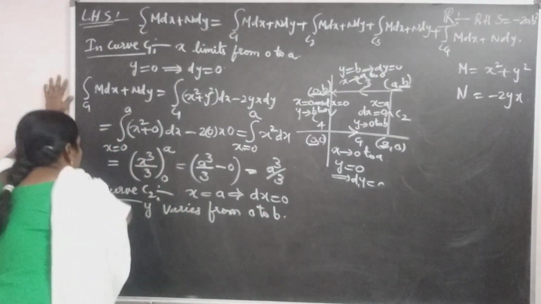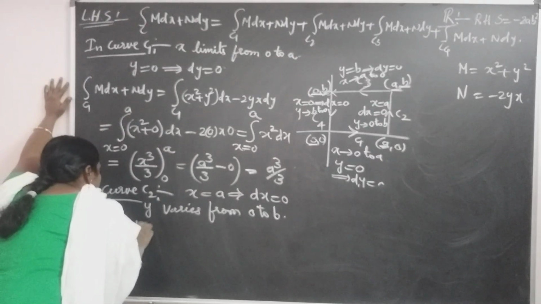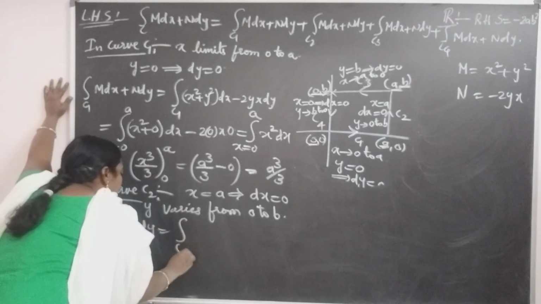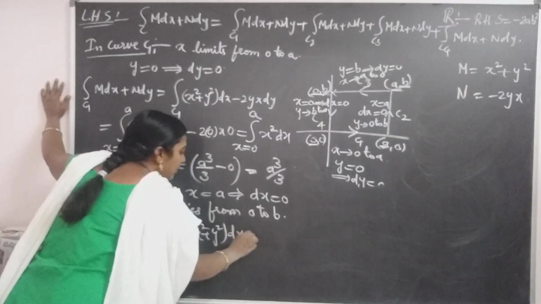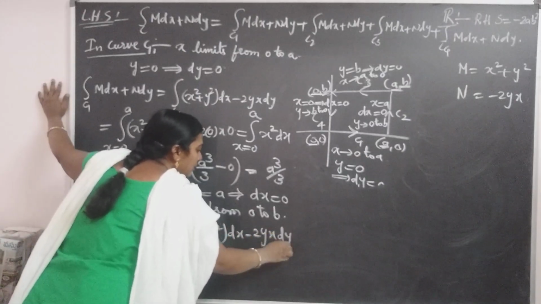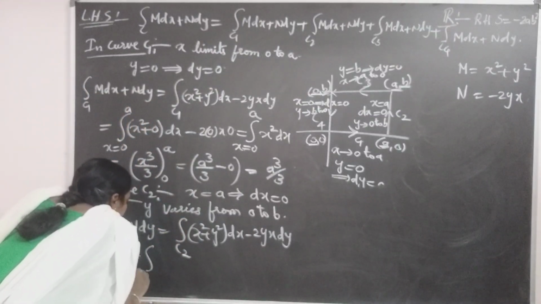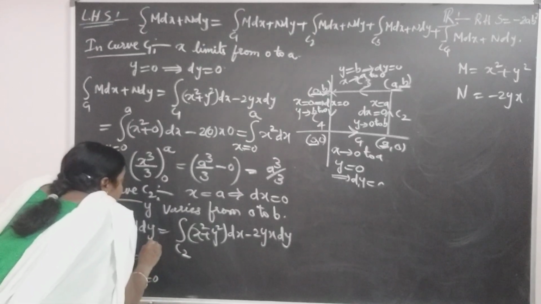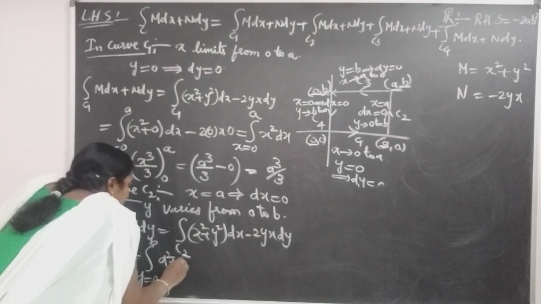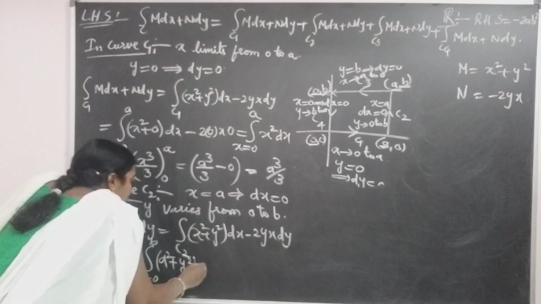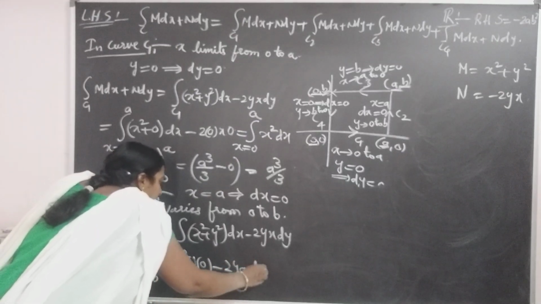Substituting these values in the integral over C2 of m dx plus n dy, it is equal to the integral over C2 of x square plus y square into dx minus 2yx dy. Here x equals a, so this is the integral y limits from 0 to b of a square plus y square into dx, which is 0, minus 2ya into dy.